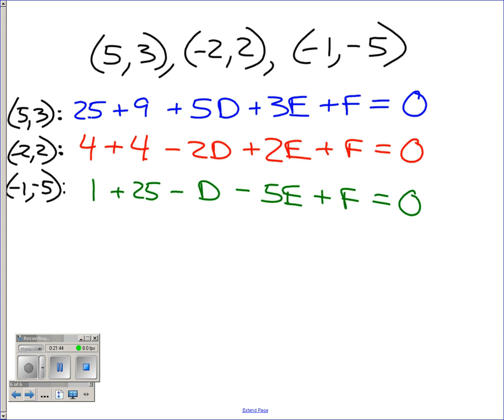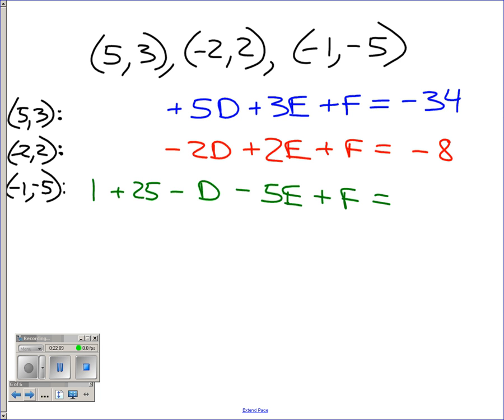So I'm going to take each one of these. Take the 25 plus 9, add it together, that's 34. But I want to move it over to the right-hand side as a -34. I want to take the 4 plus 4, that's an 8, and move it to the other side of the equation, which is a -8. And then finally, the 1 plus 25, which is 26, move it over and make that a -26.